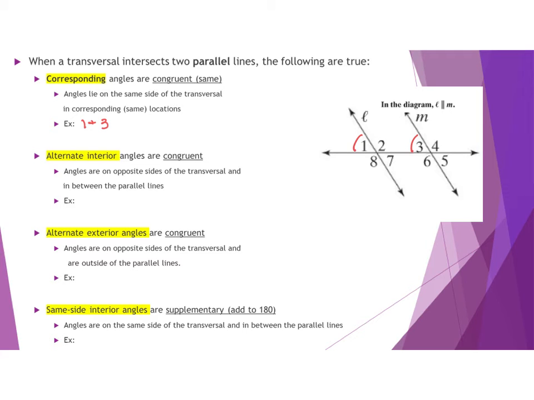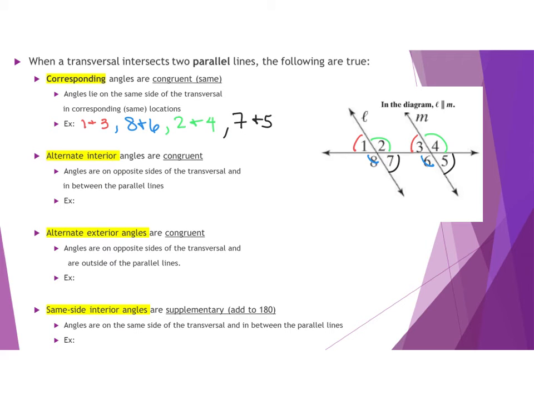Likewise, we have angles 8 and 6, because again they're on the same side of the transversal, or of the two parallel lines. I also have angles 2 and 4, and we can even go ahead and look at 7 and 5 as being congruent.